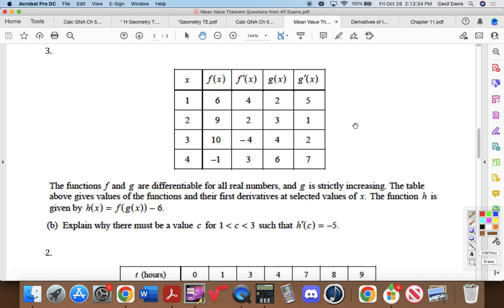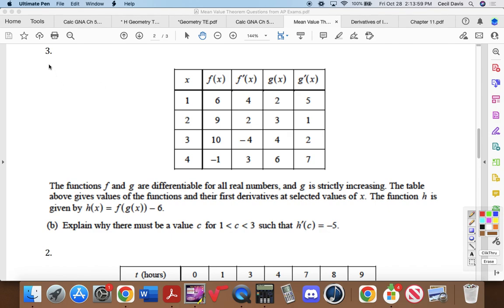All right. Again, anytime you see this kind of stuff, you should be immediately thinking, oh, that kind of looks like the end of the mean value theorem. So I want to look at what happens on the interval from 1 to 3. But first I need to talk about, does it meet all of our qualifications?